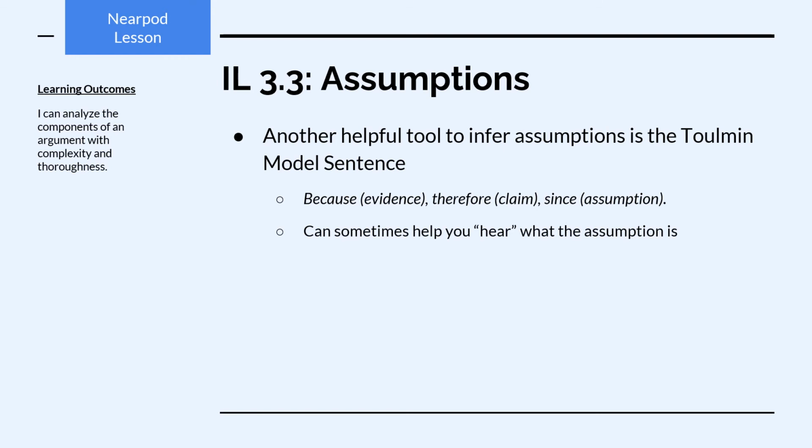Especially once you get really good at identifying assumptions, you won't have to do the whole breaking it down into equations and identifying matched terms. That's always a good technique to keep in mind. But when you get better and better at this, you'll be able to just hear what that since assumption statement is supposed to be if you say the because and the therefore out loud.